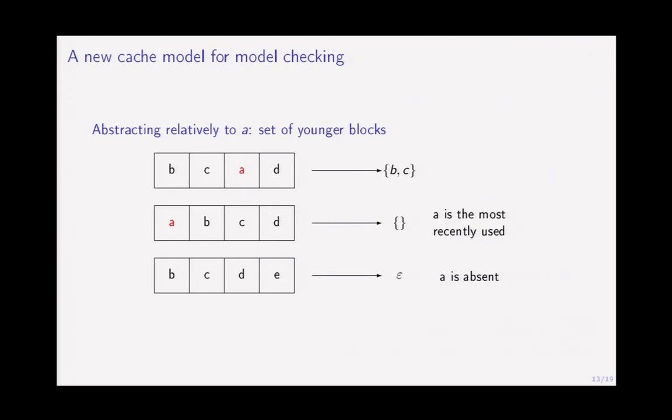So, for example, in this cache set, we only keep the information that B and C are younger than A, and we do not keep the information that D is in the cache, and we do not keep the information that B is younger than C. If A is at the most recently used position, then the set of younger blocks is simply empty. And in the case that A is not in the cache, we use a special value epsilon.